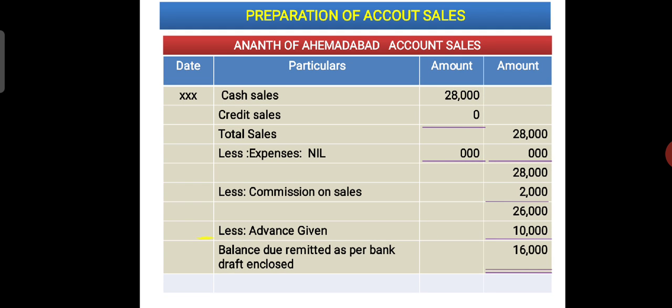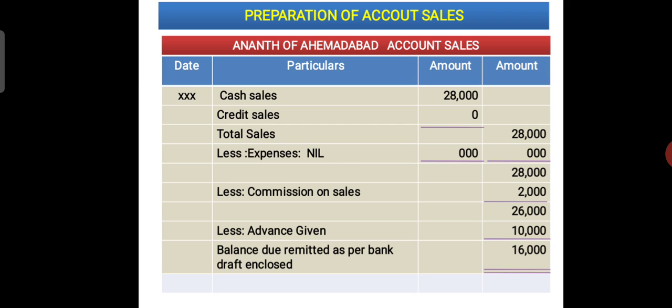Okay, if we prepare the consignment account and consignee account, then there is no need to prepare the statement of finding profit on consignment and the preparation of account sales.